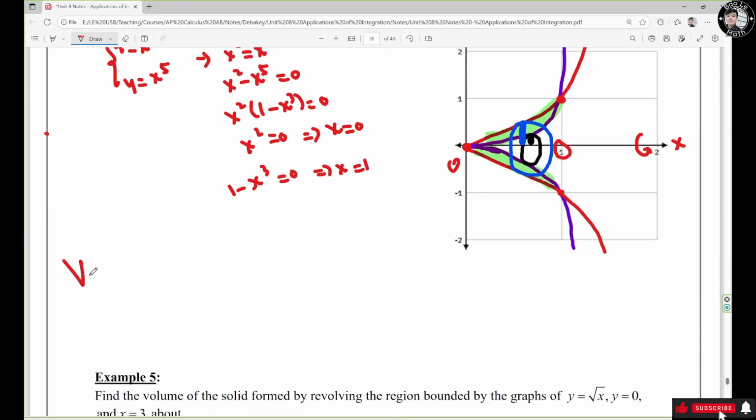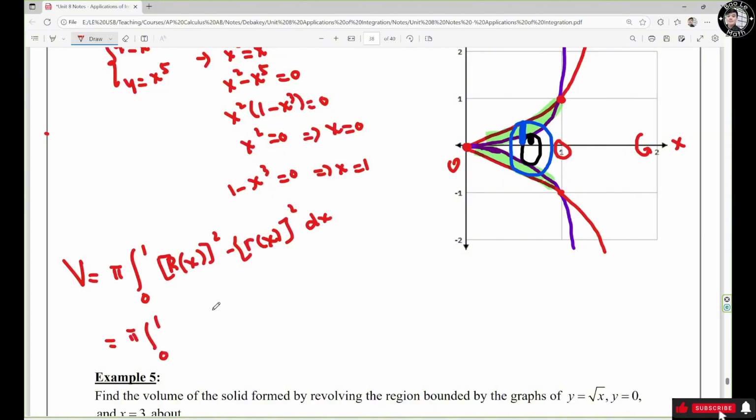So the volume is pi times the integral from 0 to 1 of the biggest radius in terms of s, subtract the smaller radius in terms of s squared, ds. The bigger one is the blue one right here.